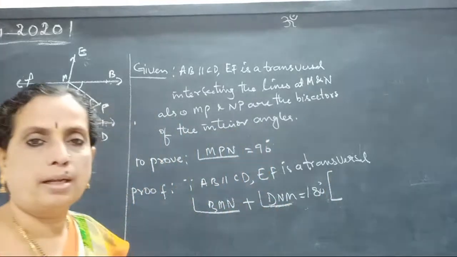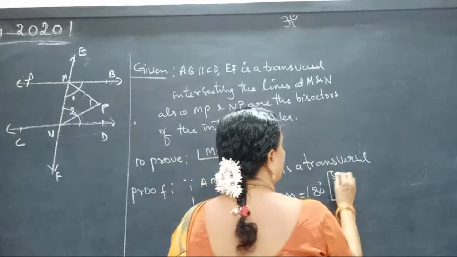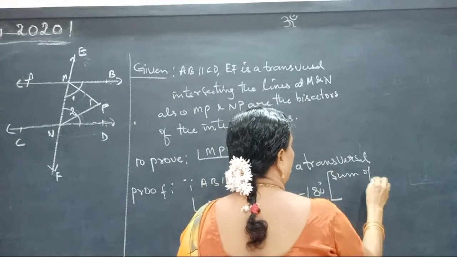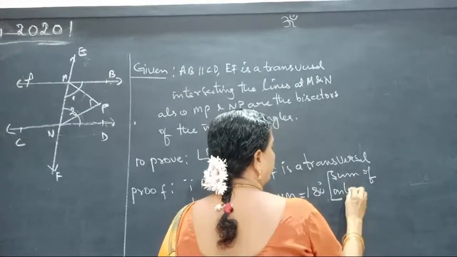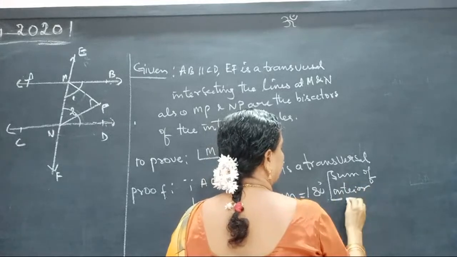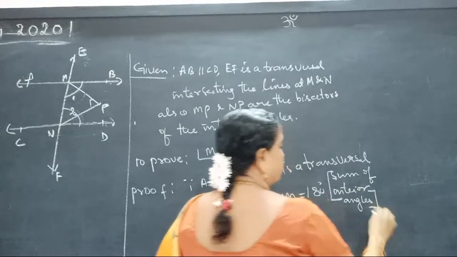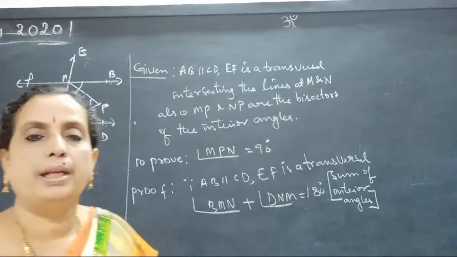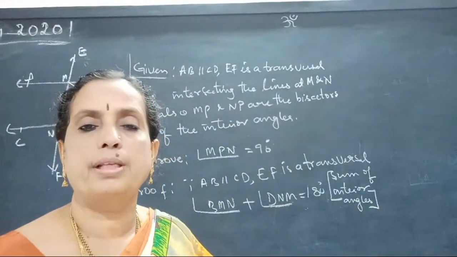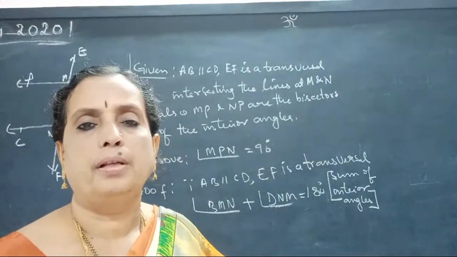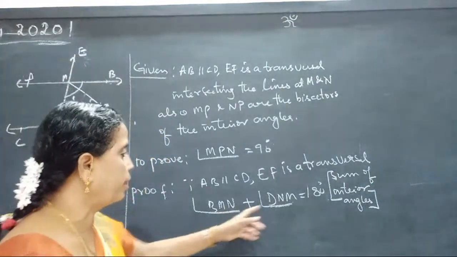In the bracket, you can write sum of interior angles. Sum of co-interior angles is always supplementary. That is the reason I have taken this.